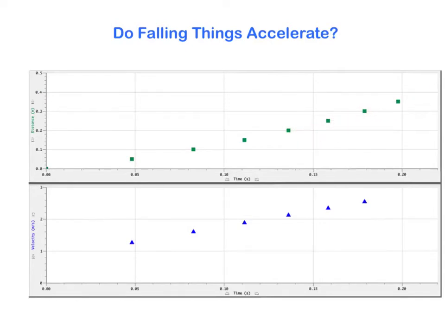Now if I remember that a curved line means that the slope is actually increasing, and if I also remember that the slope of a distance time graph is the velocity, if the slope is increasing, the velocity is increasing, which means I'm accelerating. So actually what I have here is two pictures, curved distance time, straight increasing velocity time, two pieces of evidence that falling objects do accelerate.